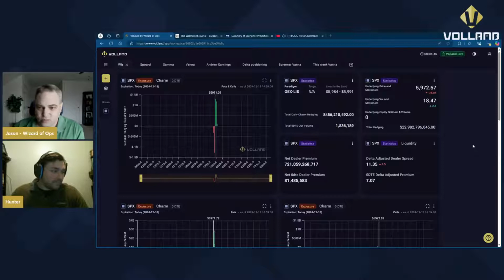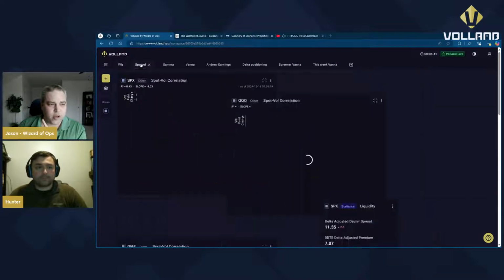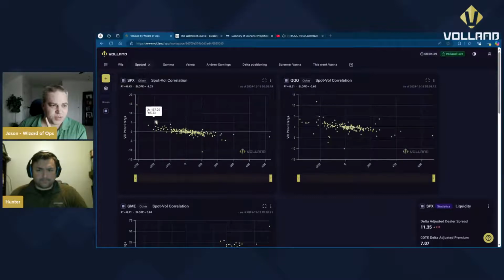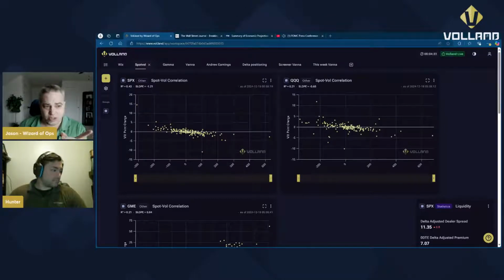It's up 2.5. So let's take a look at spot vol correlation. There's SPX, looking at negative 1.21. So for every 1 point in VIX, you want to see negative 1.21%. We see 2.5 points of VIX. That means we should be seeing 3.6%.